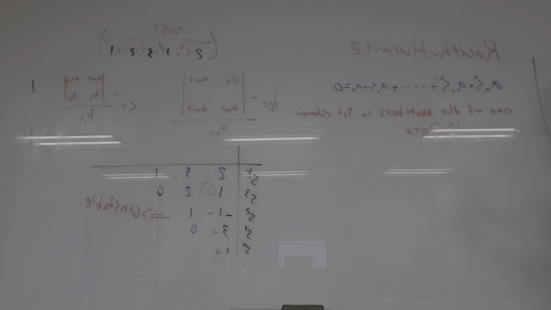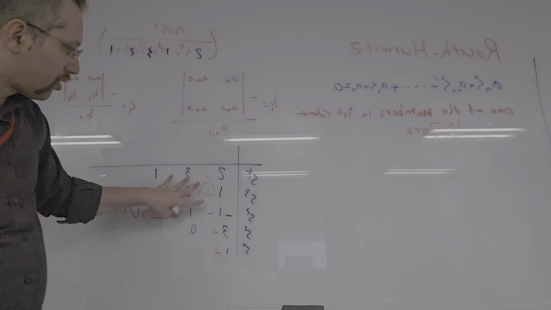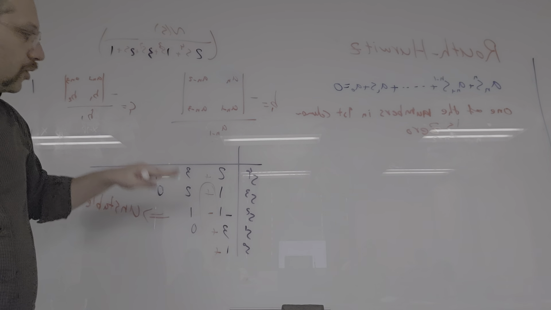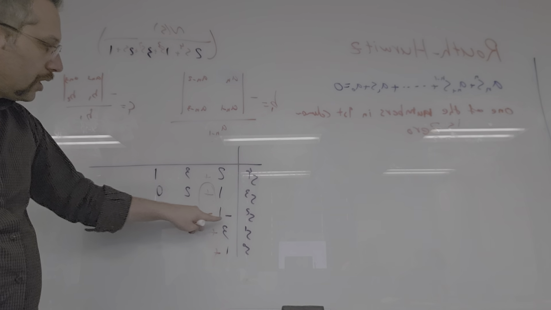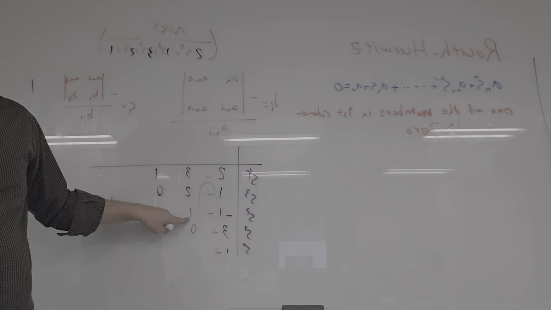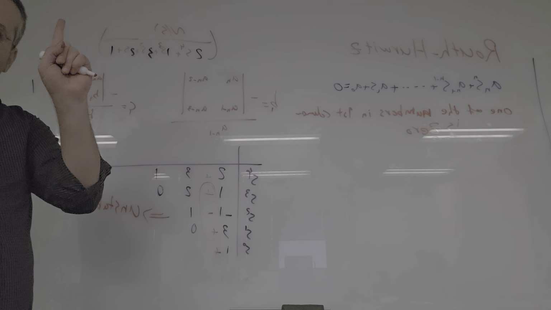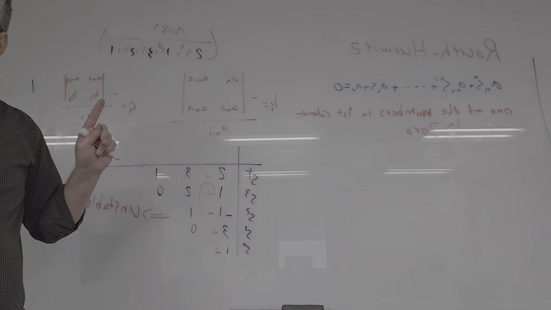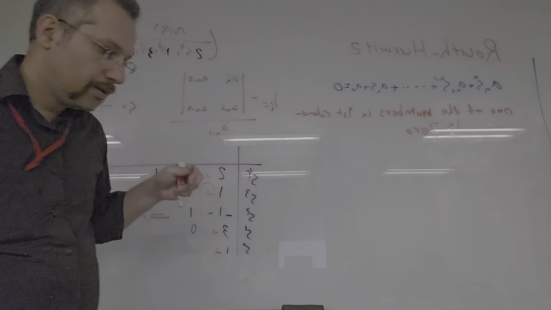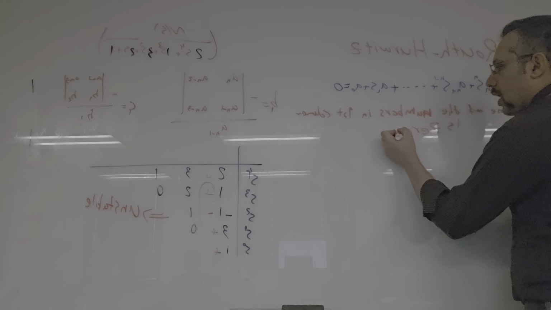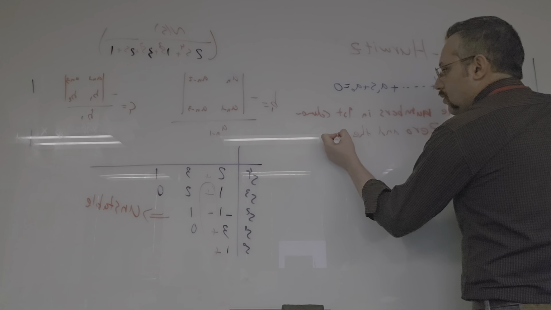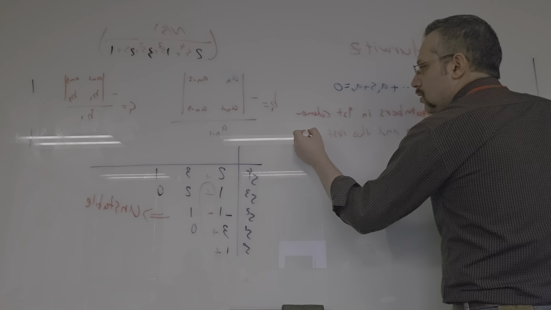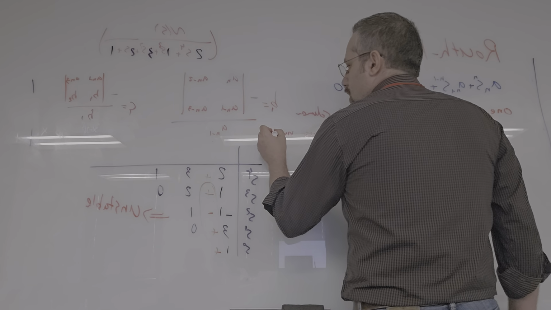This is one situation: one of the elements, the first element in the row, is zero, and the rest are non-zeros.